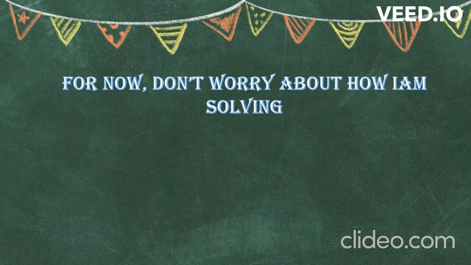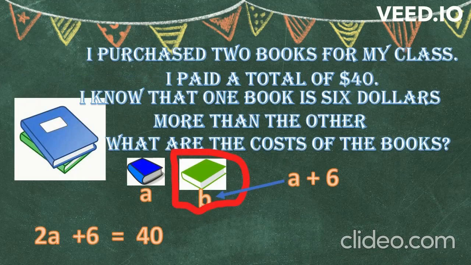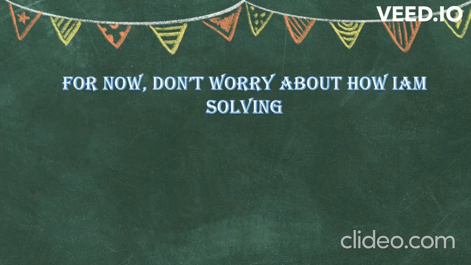For now, don't worry about how I am solving for A here. This is what you will learn in later classes. So 2A plus 6 makes 40. 2A is 40 minus 6. 2A is 34. A is 17.